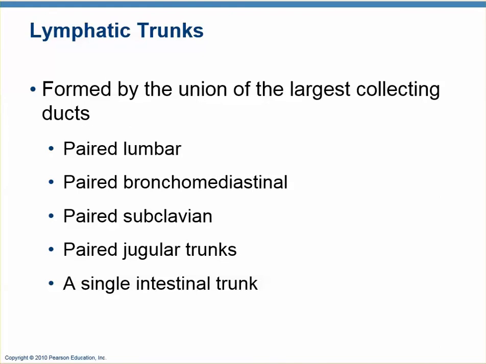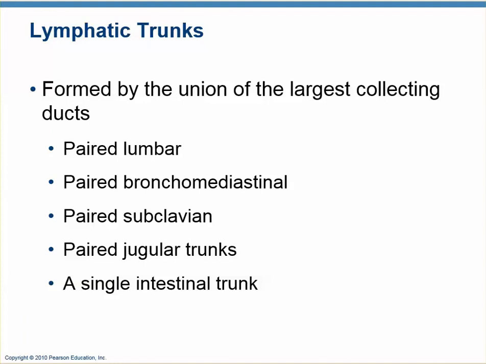As these large collecting ducts come together, they start to form trunks. This is the first level that we name. There are two trunks coming from the lower limbs and the walls of the abdomen, called the lumbar trunks.